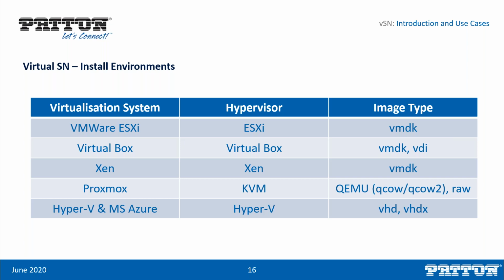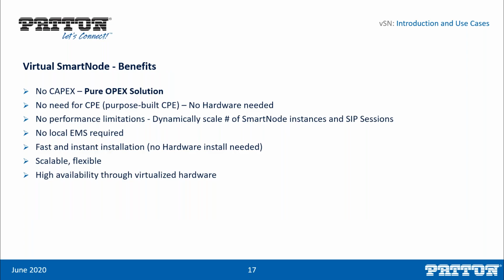The image, which is basically the Virtual SmartNode, you can easily get from the Patton webpage. It's free of charge. Just log in with your username and password for the patton.com webpage, and from there you can download the Virtual SmartNode image and install it on any of your hypervisors.